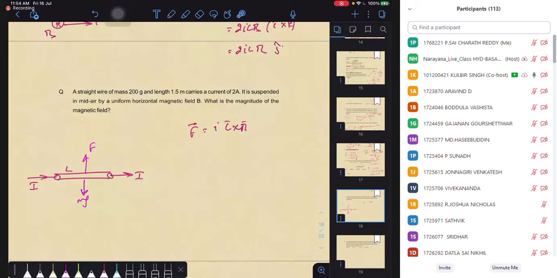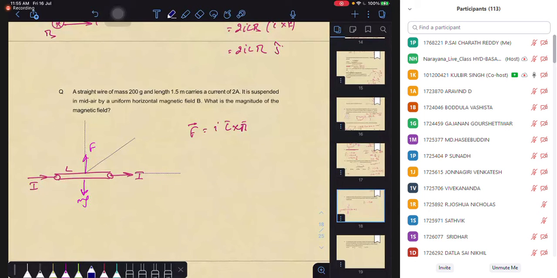So if I take a magnetic field perpendicular to the current, it can suspend it. Let's say here is my another axis, and here is my vertical.